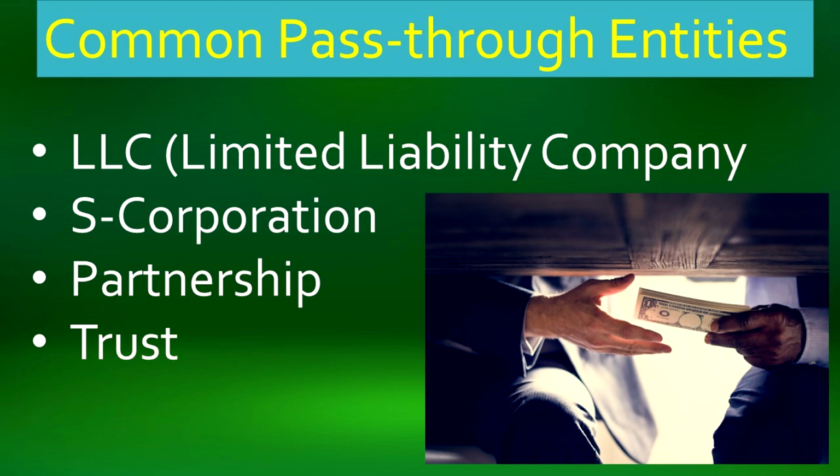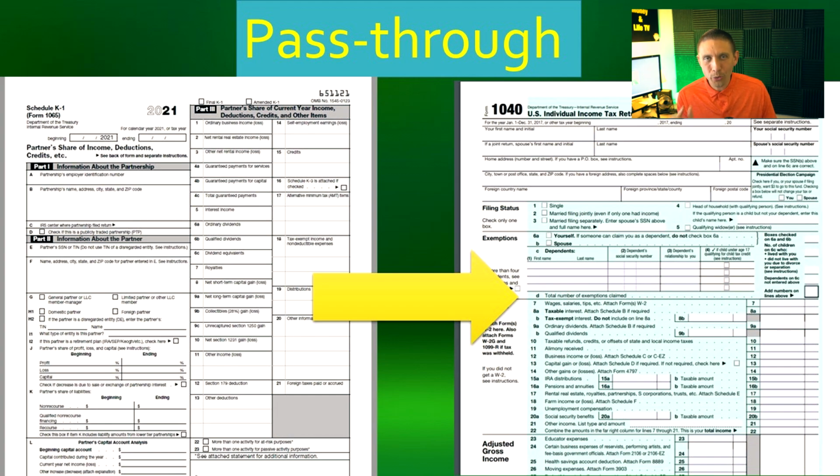All of those entities are known as pass-through entities. When they say pass-through entity, what they mean is that the income and expense attributes, the tax attributes of that entity's activity for the year, pass through to you personally as a shareholder, partner, member, or beneficiary of that entity.